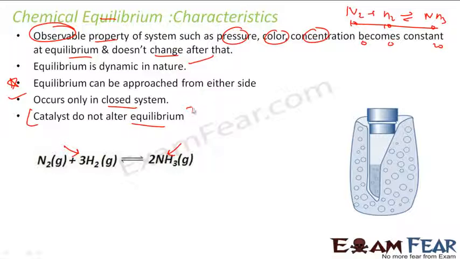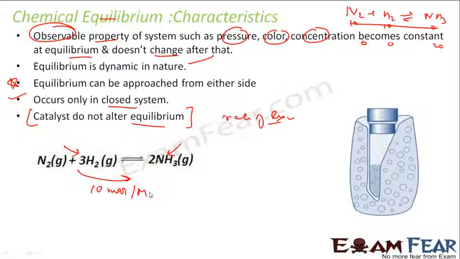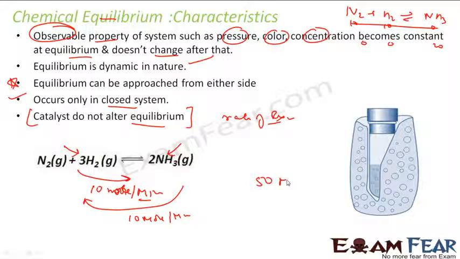A catalyst increases the rate of reaction, but it won't alter the equilibrium because it increases the rate of reaction both for forward and reverse. It is like this: if the rate of formation of this is, let's suppose, 10 moles per minute without catalyst, and this also is 10 moles per minute, the moment you add catalyst, both may become 50 moles per minute.